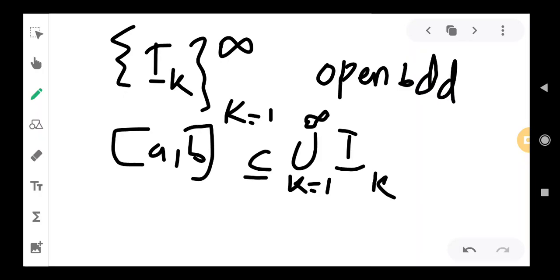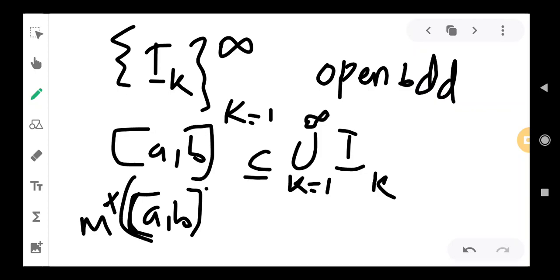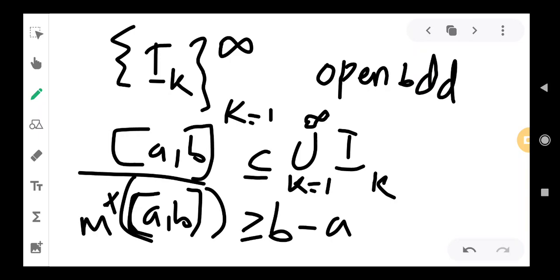Then the outer measure of the closed interval AB will be equal to the infimum of the sum of lengths of I_K. This we know. We need to show that M star of the closed interval AB is greater than or equal to B minus A. And we know that M star of the closed interval AB is this infimum of the summation over K equal to 1 to infinity of the length of I_K.